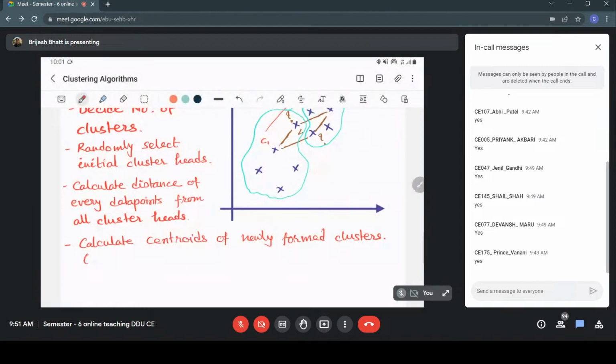That is, this centroid will become the new cluster head.